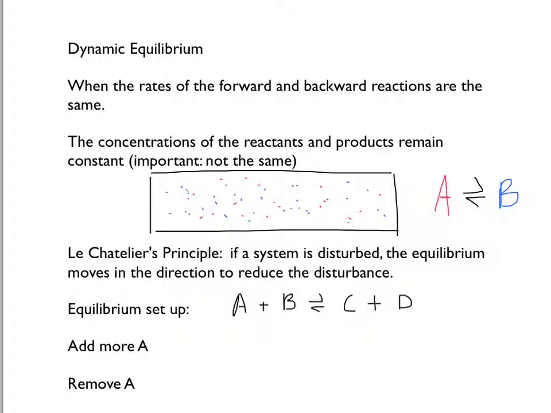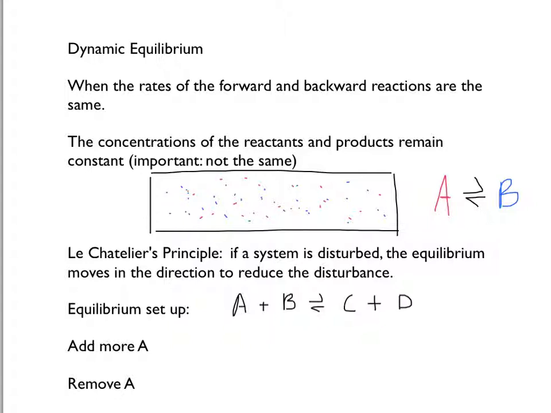So if we have, say, this red one here, that one reacts to make a blue dot, another blue dot somewhere else must react to make a new red dot as well. So that's dynamic equilibrium. So at that point the concentrations are remaining constant.